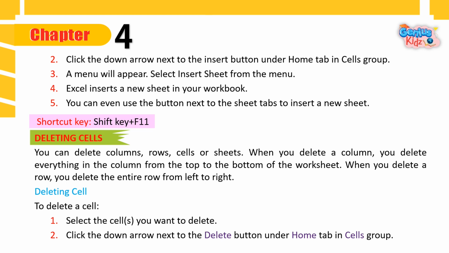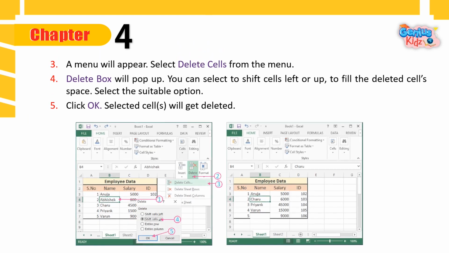Click the down arrow next to the Delete button under the Home tab in the Cells group. 3. A menu will appear. Select Delete Cells from the menu. 4. The Delete box will pop up. You can select to shift cells left or up to fill the deleted cell space. Select the suitable option. 5. Click OK. The selected cell(s) will get deleted.